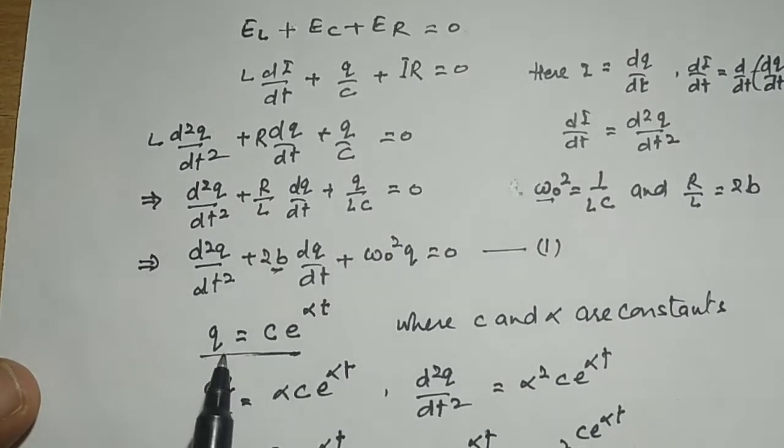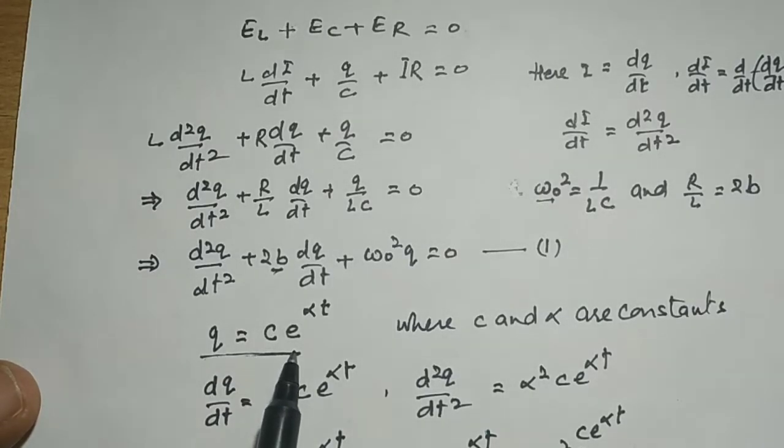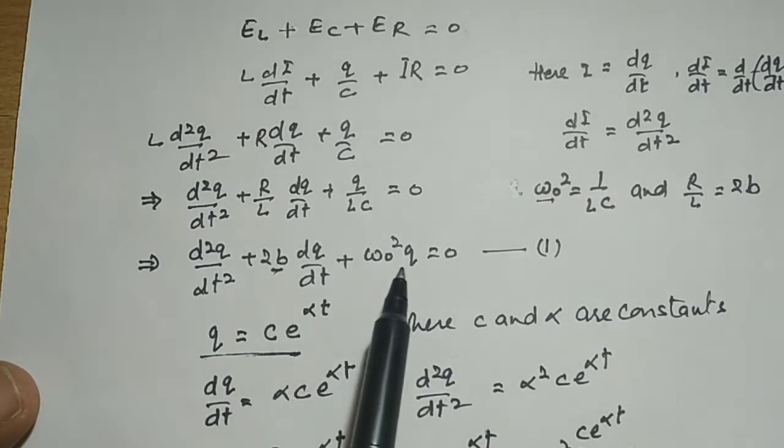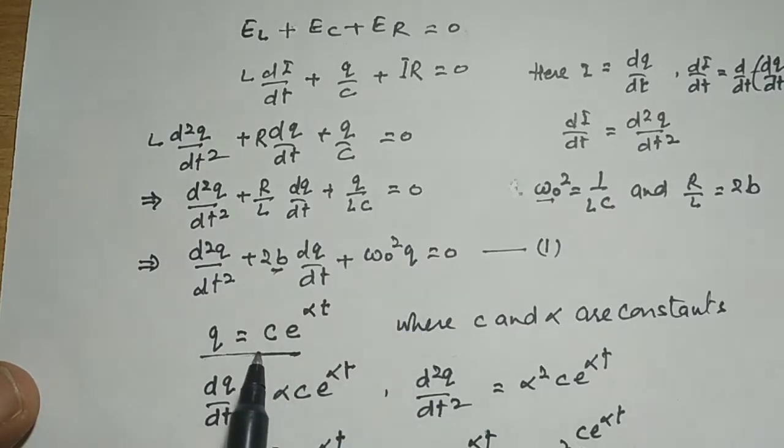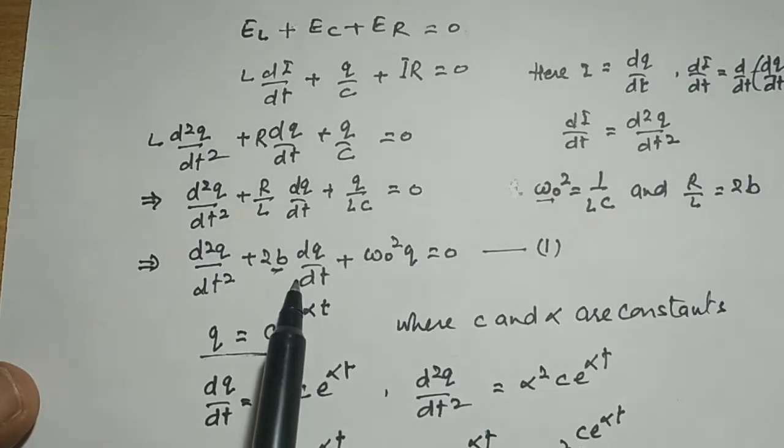If we substitute this solution, because a solution is a mathematical expression which satisfies such an equation, and if it has to satisfy this equation, we can substitute the value in this equation and see what result we get.